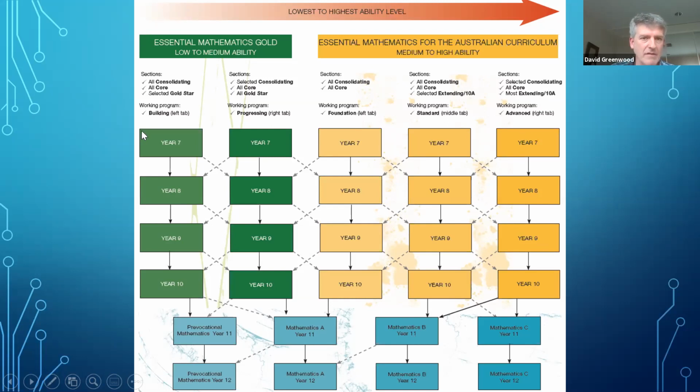Or right at the other end, if you're using the core series, we might be doing all the consolidating section and the standard sections, but we might be excluding some of the gold star sections that I mentioned earlier, and we might be using the left work program as well, just making that workload a little bit shorter and a little bit easier for our perhaps weaker students.